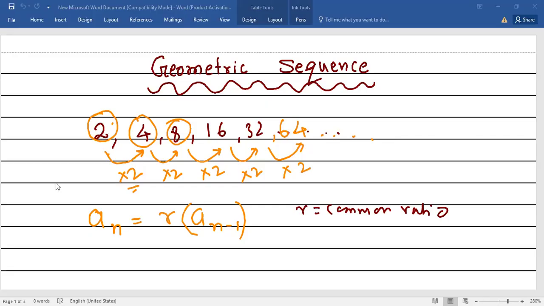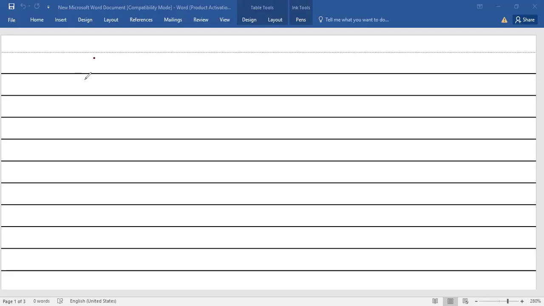So if we look into the general structure, we will have a first term. A is normally called the first term. So we will see how to generate the geometric sequence. Now let us take r as common ratio. So we will write a1 as a.